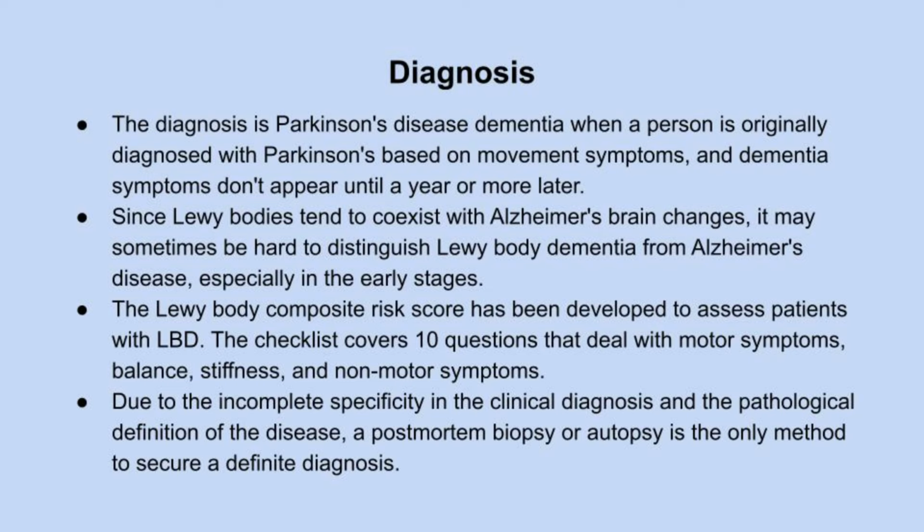It does cover 10 questions that deal with motor symptoms, balance, stiffness, and non-motor symptoms. So this may help come to a diagnosis, but due to the incomplete specificity in the clinical diagnosis and the pathological definition of the disease, really the only way to secure a definite diagnosis is by autopsy.